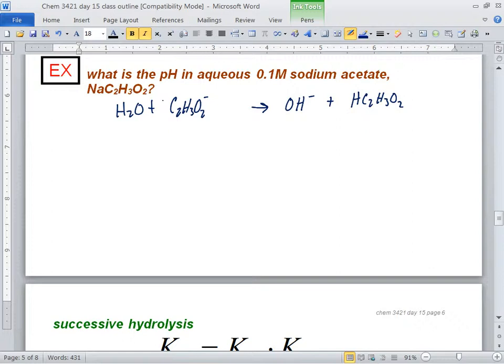So Kelly, how would you fill in this ICE table? Under the acetate. Perfect. Yeah, H2O, dashes everywhere. That never shows up.